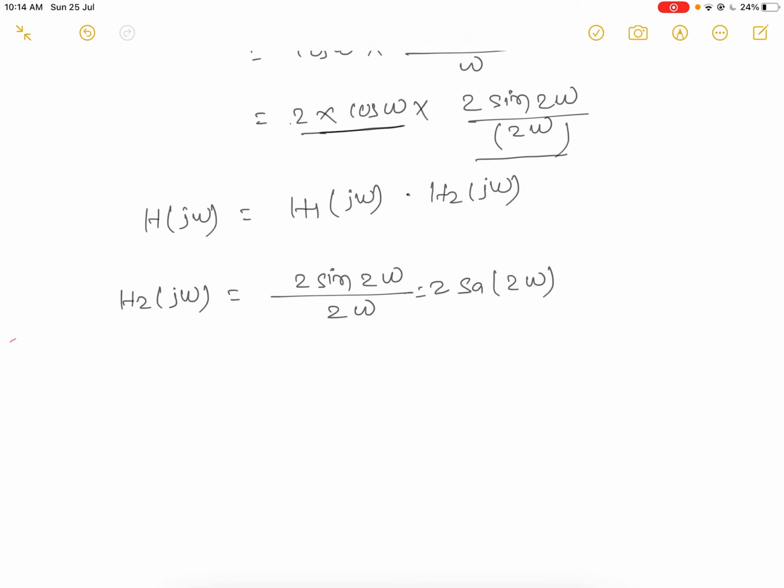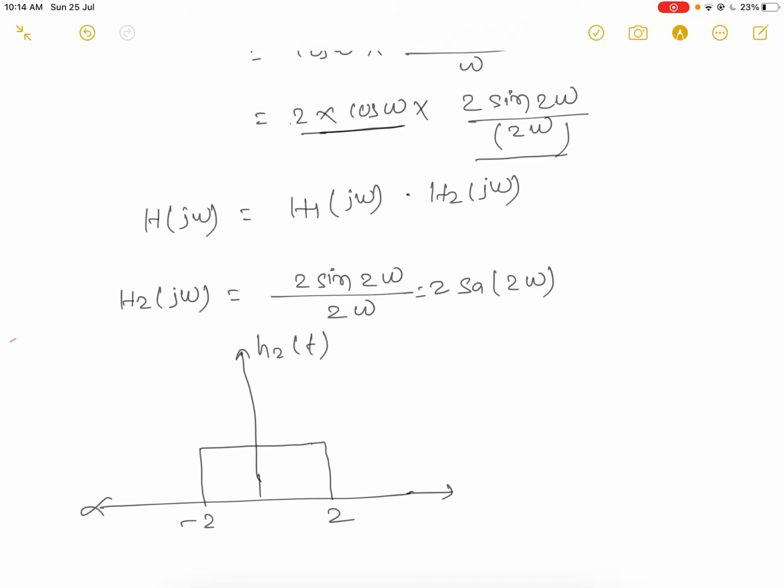When we take the pulse signal, which is of unit height from minus 2 to 2, because here 2 is multiplied, h2(t) is 1/2, then the transform will be 2 sinc of 2ω.